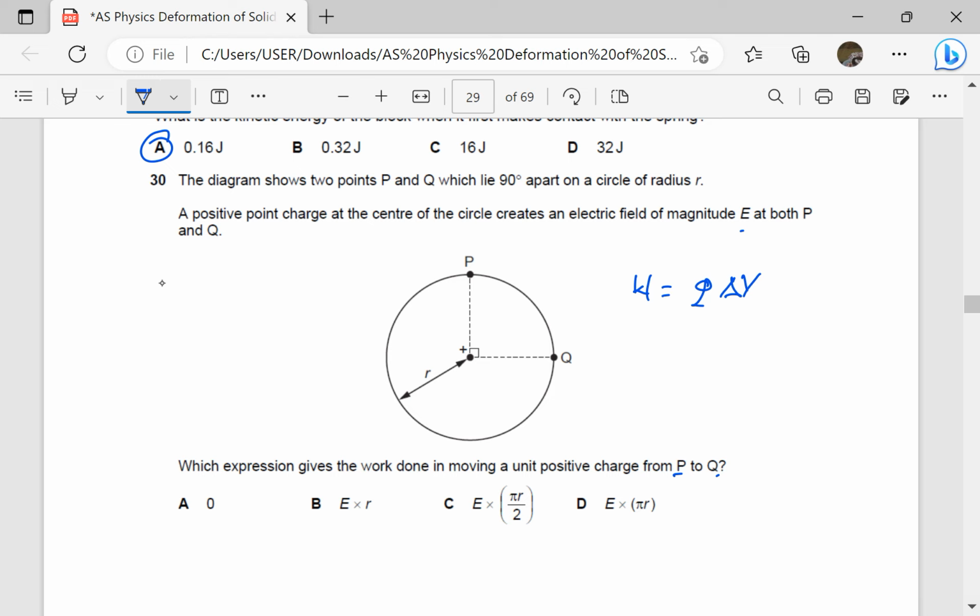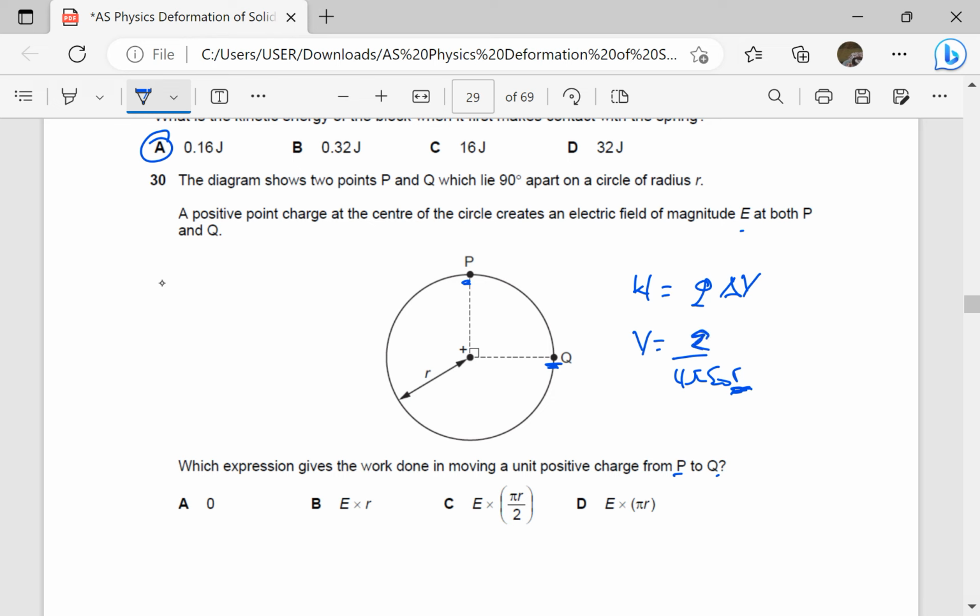For a point charge, we know that the potential at a given point from that charge is equal to the charge divided by 4 pi epsilon naught r. So the potential at Q will depend on the radius. Potential at P will also depend on the radius. And these two are going to be identical.